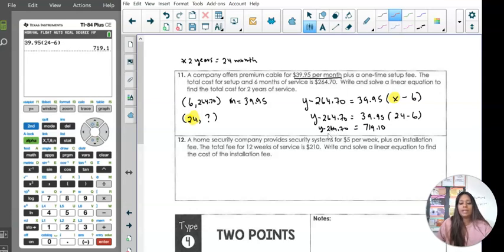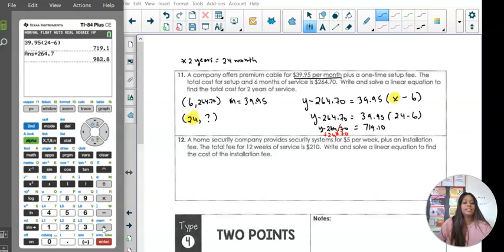And then I need to go ahead and bring this part over. You can read my handwriting. So you have all of 719 plus the 264.70.